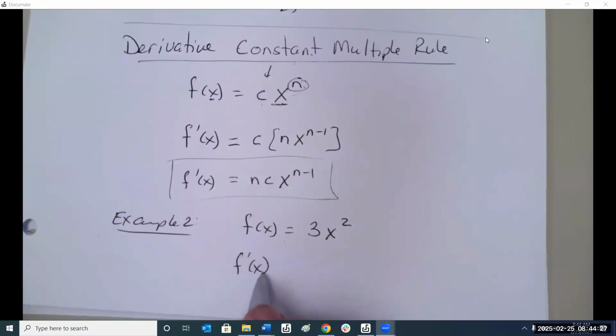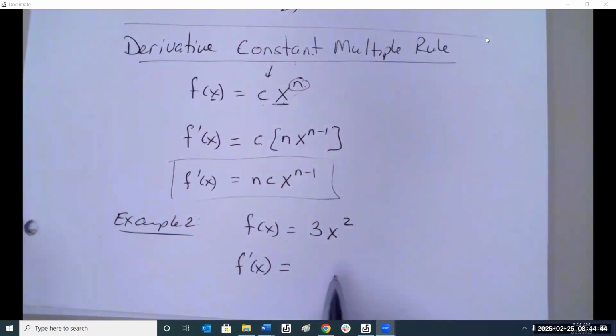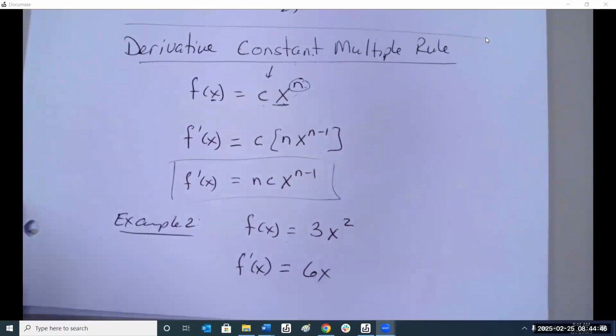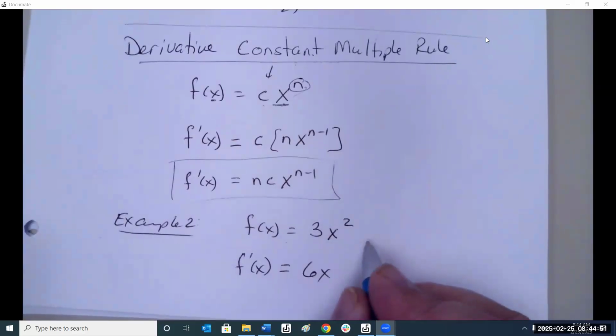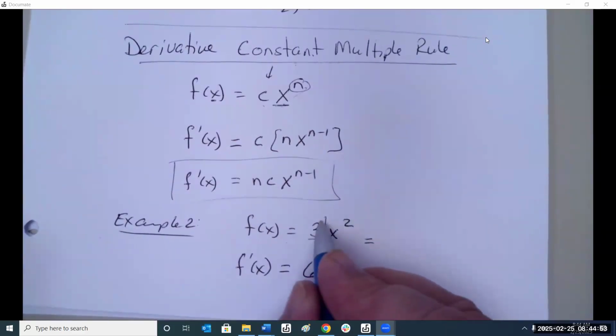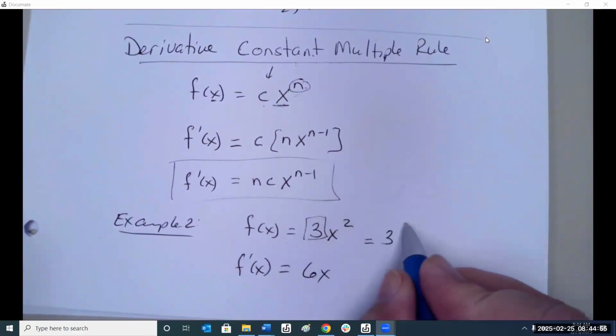What's the derivative of this one? And for those of you who don't see that, this is my constant, so it goes in front.